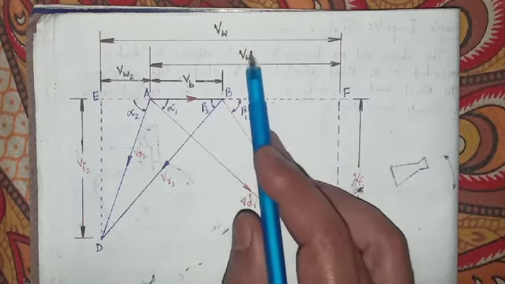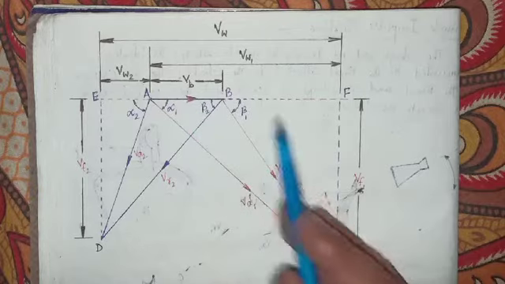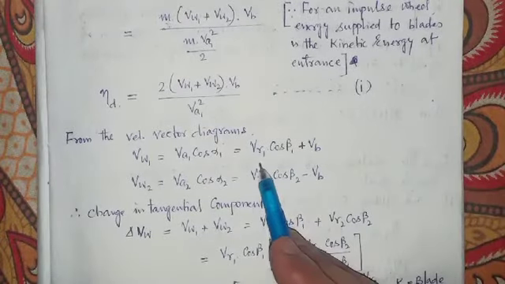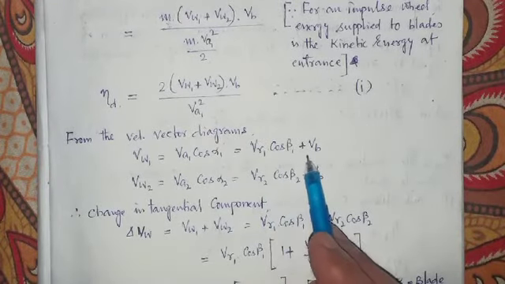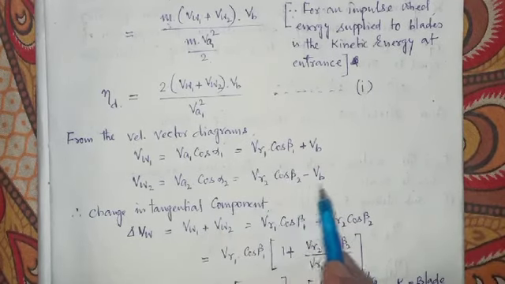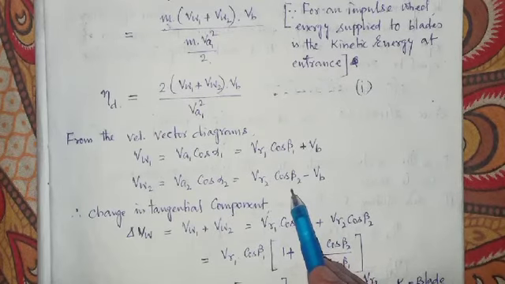So we can say VW1 equals VB plus VR1 cos beta 1. Look, VR1 cos beta 1 plus VB. Similar to this, VW2 equals this. Try to figure it out by yourself.